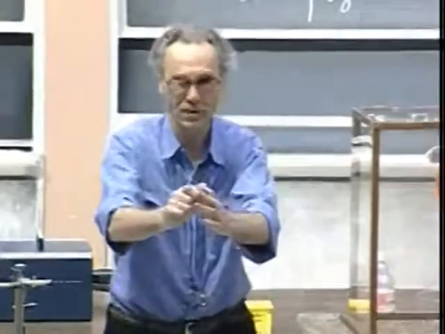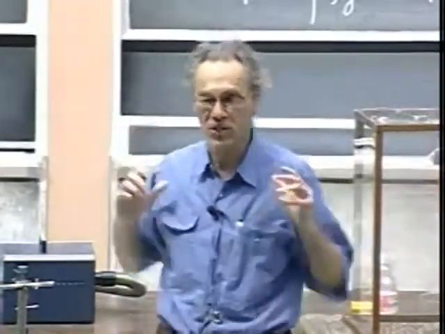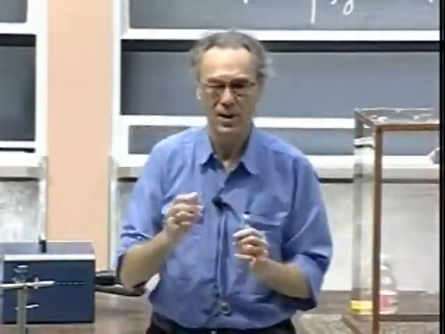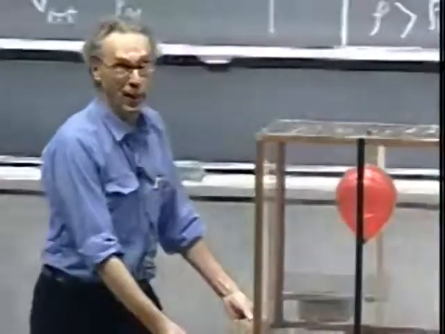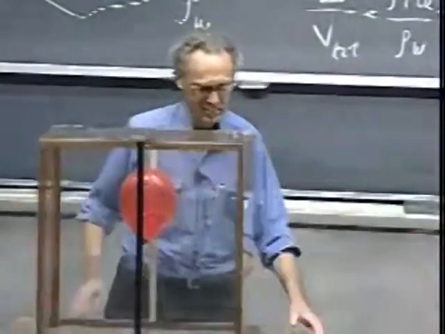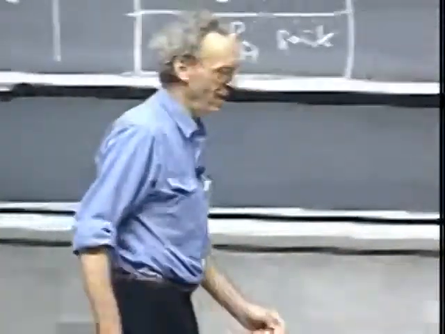The apple will go forward, balloon will go backward. If you accelerate the car all of a sudden, the apple will go backwards and the balloon will go forward. You can do it at home. You can entertain your parents at Thanksgiving. They'll get some of their $25,000 tuition back.